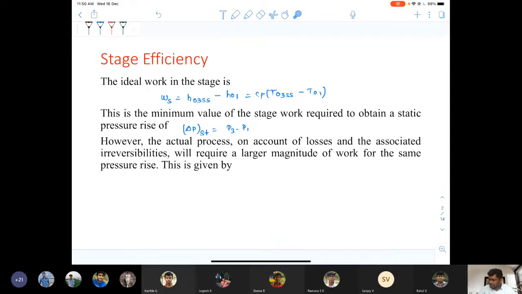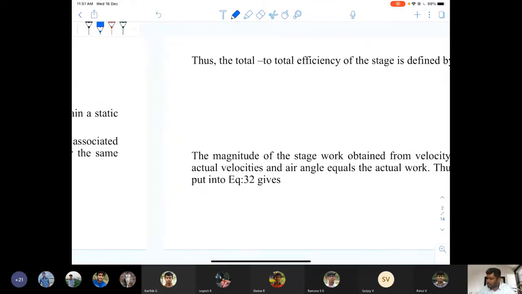This is given by the equation for the actual work, WA, which is equal to H0 2 minus H0 1. The actual work will be happening only in the rotor. Therefore, it will be equal to H0 2 minus H0 1, and this will be equal to H0 3 minus H0 1, since these two works are independent.